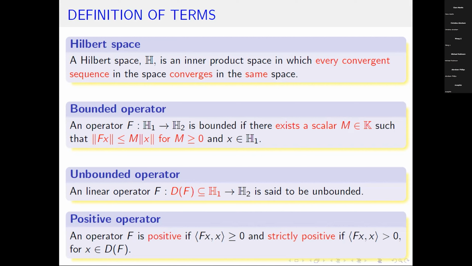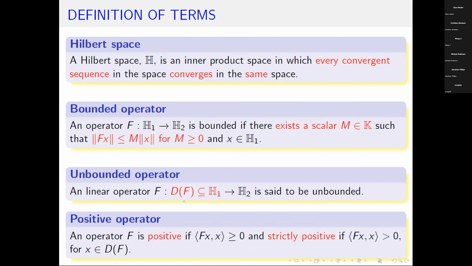And when I say they are unbounded, then they are defined on a subspace of the Hilbert space, and that's typically because of the closed graph theorem: an unbounded operator cannot be defined on the whole Hilbert space.